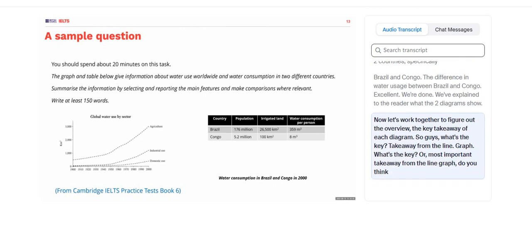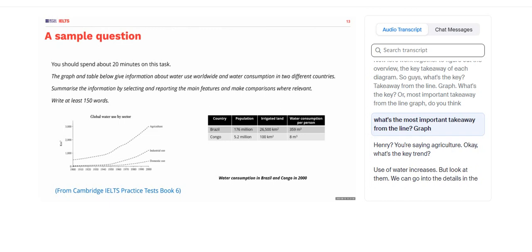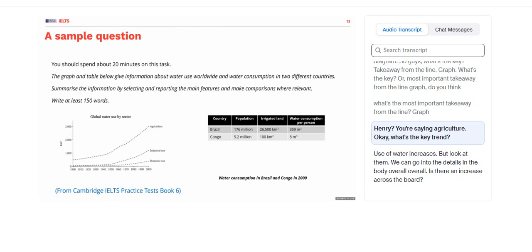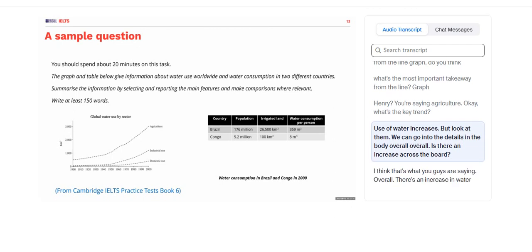Now let's work together to figure out the overview, the key takeaway of each diagram. So guys, what's the key takeaway from the line graph? What's the most important takeaway from the line graph? You're saying agriculture. Okay, what's the key trend? Use of water increases.